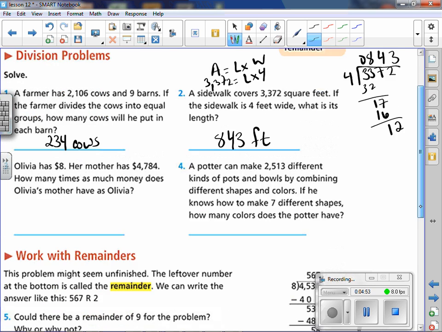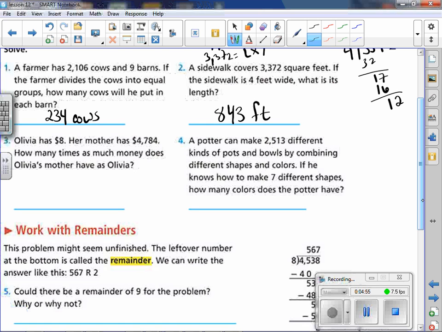Olivia has $8. Her mother has $4,784. How many times more money does Olivia's mother have? So I know it says times, but what you're really going to use is inverse operation here. You're going to take 4,784 and you're going to divide that by 8. Okay, well, does 8 go into 4? No. Does 8 go into 47?